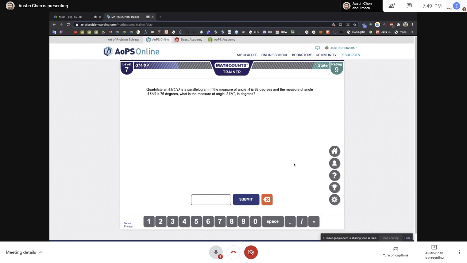Quadrilateral ABCD is a parallelogram. If the measure of angle A is 62 degrees and the measure of angle ADB is 75 degrees, what is the measure of angle ADC in degrees? Well, if A is 62 degrees, then ADC has to be 118 degrees, right?